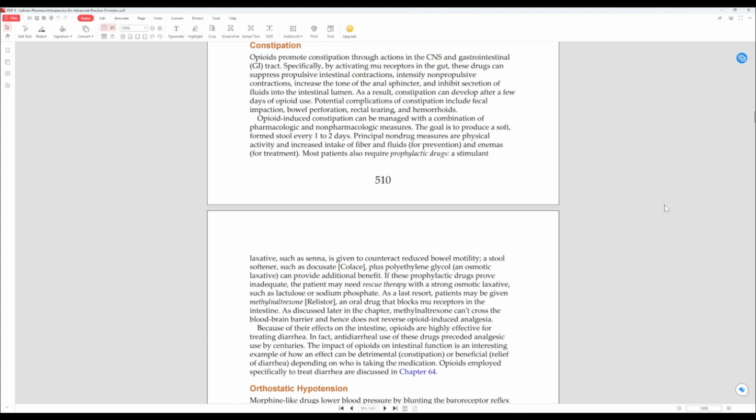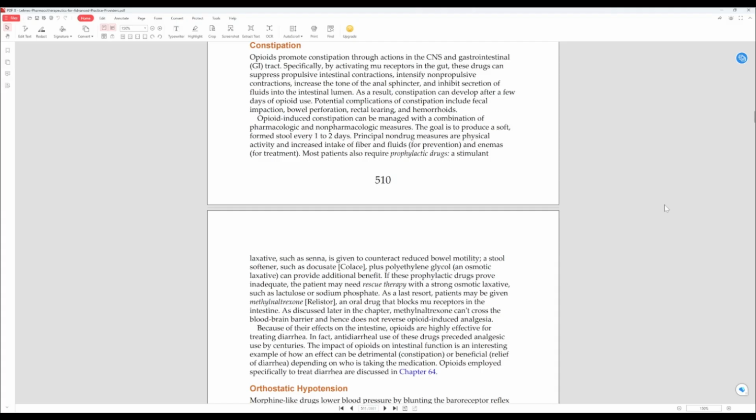As a result, constipation may develop after a few days of opioid use. Potential complications of constipation may include fecal impaction, bowel perforation, rectal tearing, and hemorrhoids.